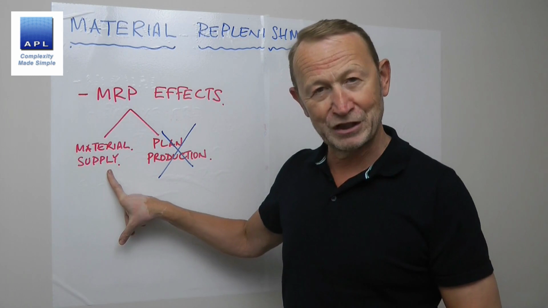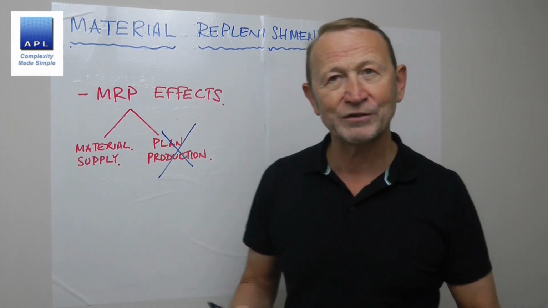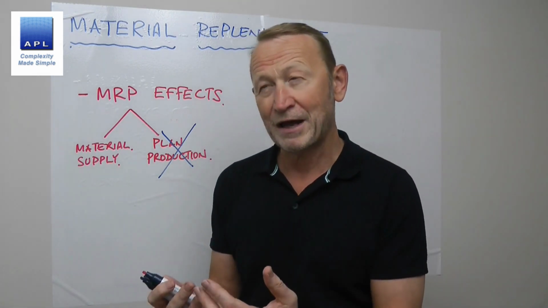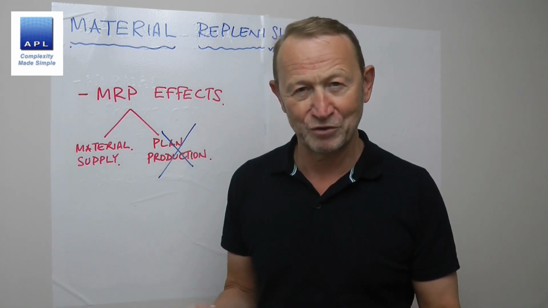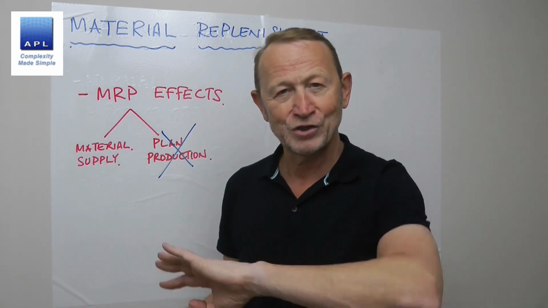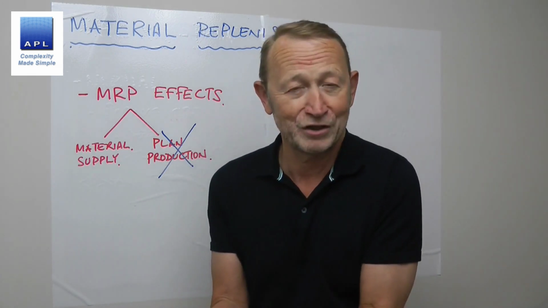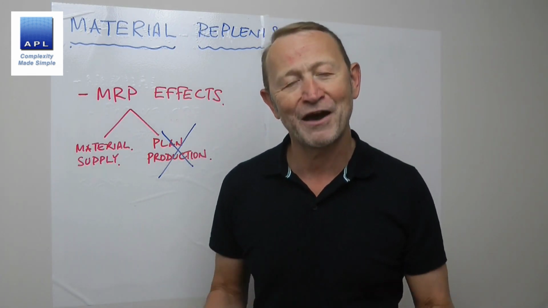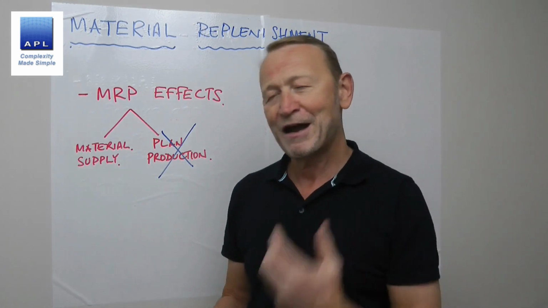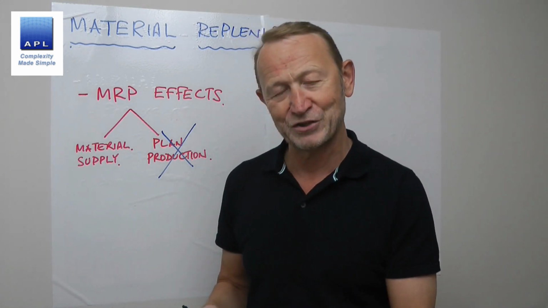The other side of the use of MRP, of course, though, is if McDonald's are going to plan how many cows do we need this year to supply the whole of the USA, or the whole of the UK. How many cows do we need to produce? How many potatoes do we need to grow?